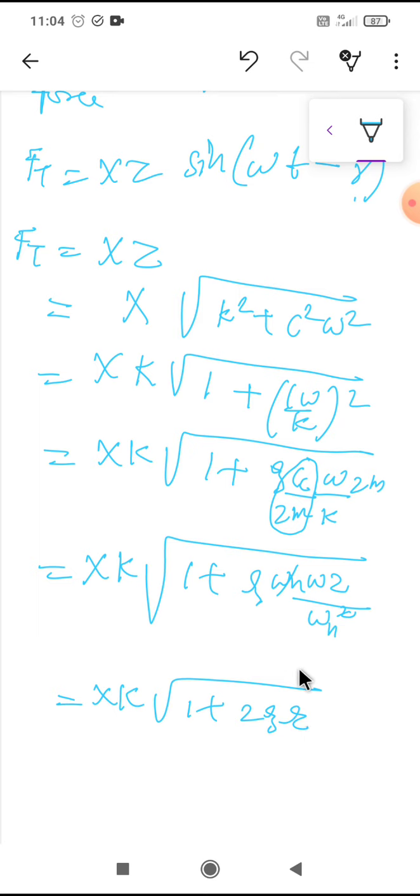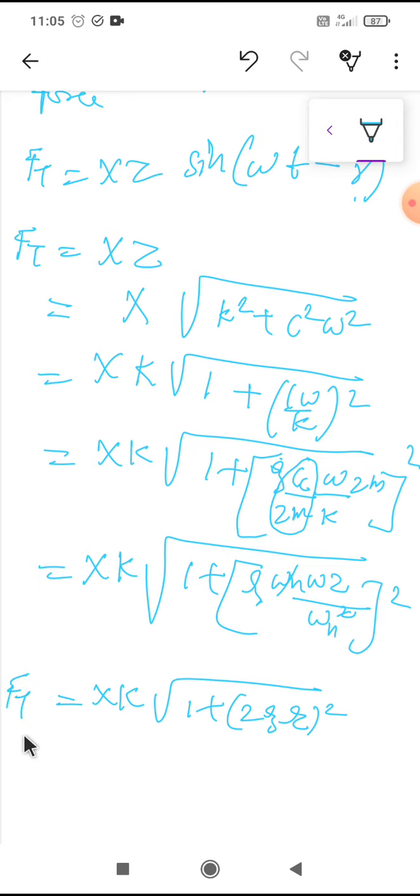But we need to remember that this whole term is in square, so that is 2 zeta r whole square. So that is xk under root 1 plus 2 zeta r whole square. So this is the force transmitted f of t.